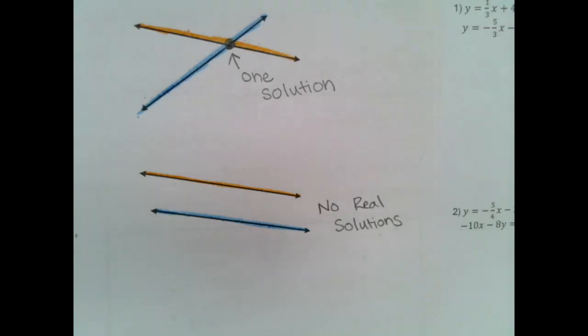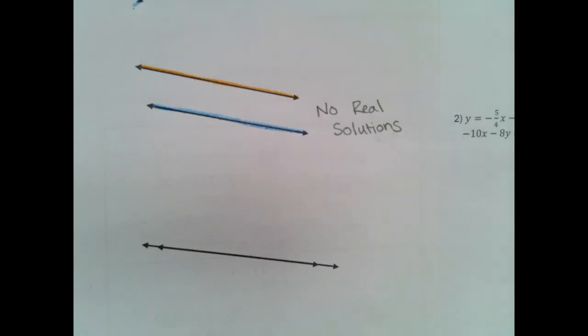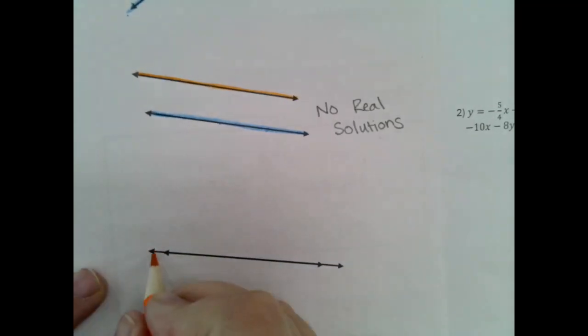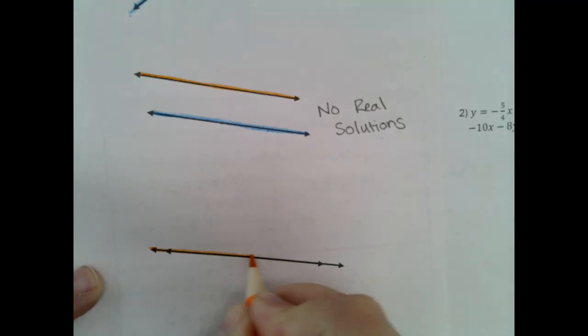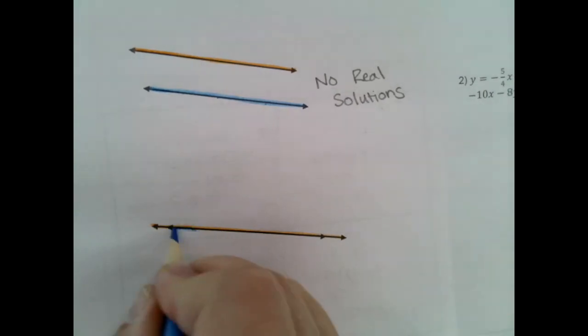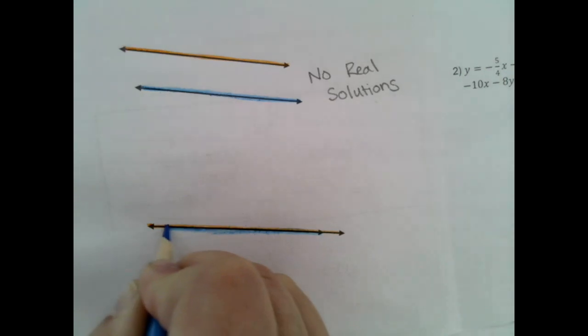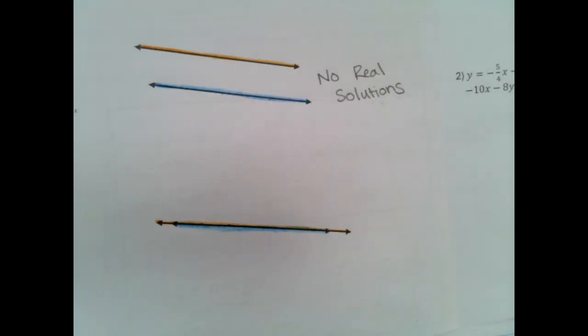All right, this next one looks a little silly. What's happening on this next one is the orange line is going all the way from end to end there. But then the blue line is right on top of it. So they're right on top of each other.